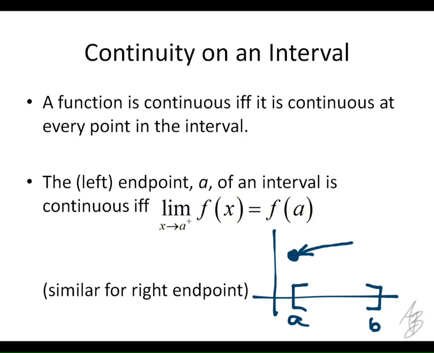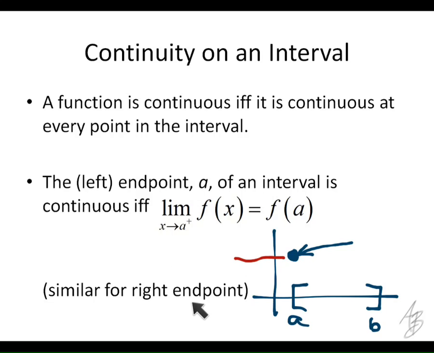If there's a hole there, or if it has a different value than the limit at that point as you approach from the right, then it's not continuous at that point. What we don't care about is what happens over here, because that stuff's not on the interval. So nothing that happens to the left of the point of a matters on this interval. And that's why this limit is restricted to coming from the right.